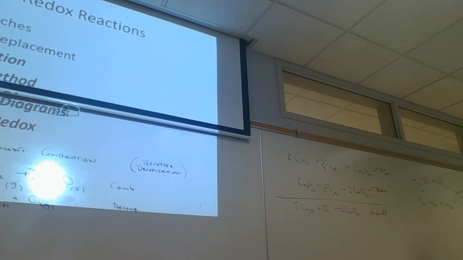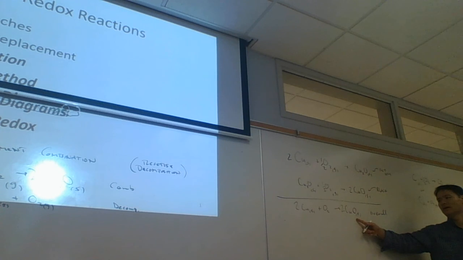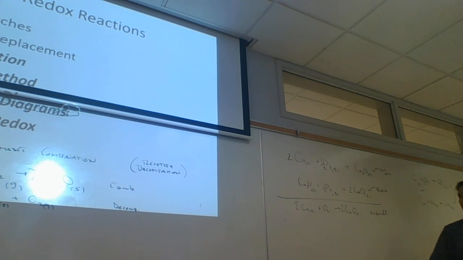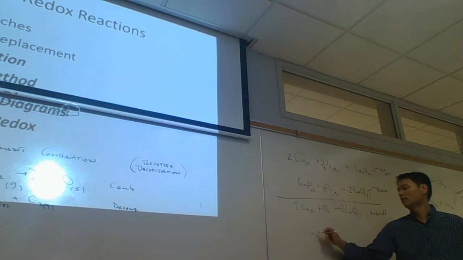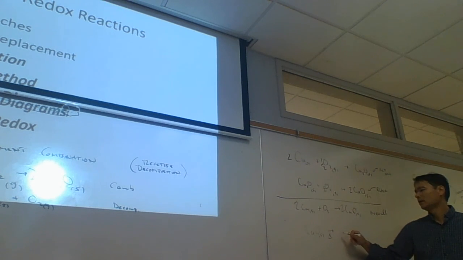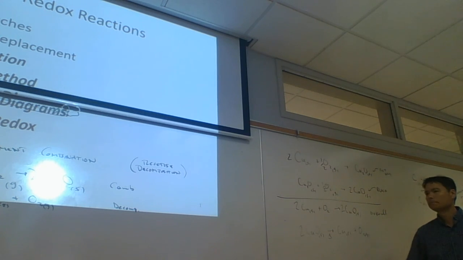Another way that people can try to reverse this is they'll attack it with something. But overall, we could try to just heat it up. If we heat this up, this is the symbol for heat, this delta, then it can revert back to 2 copper plus the O2 gas.